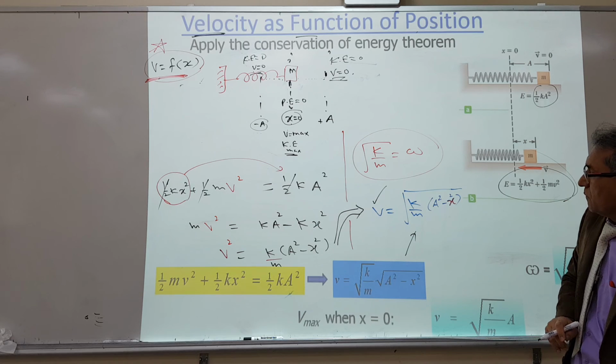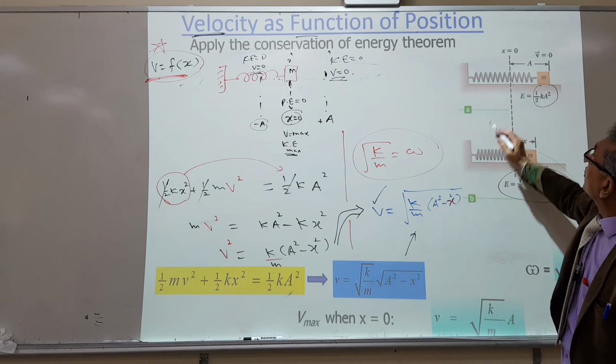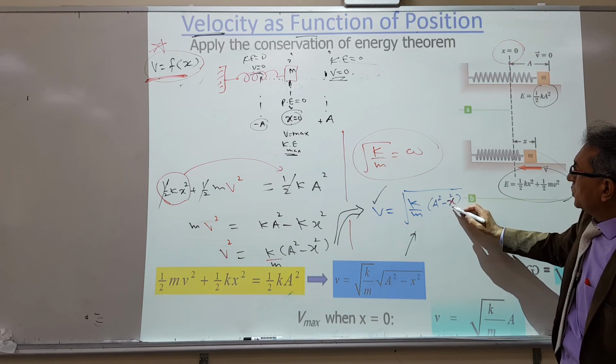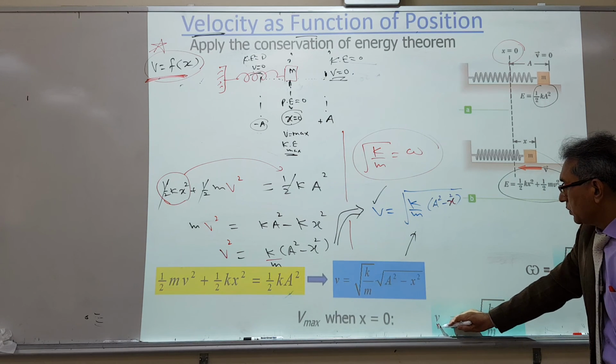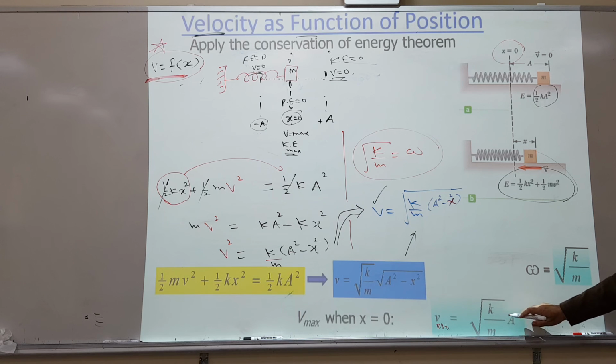Now if x is 0, of course, at the equilibrium position, then you will have v max equal to K by m under the root times A, and K by m under the root is omega.